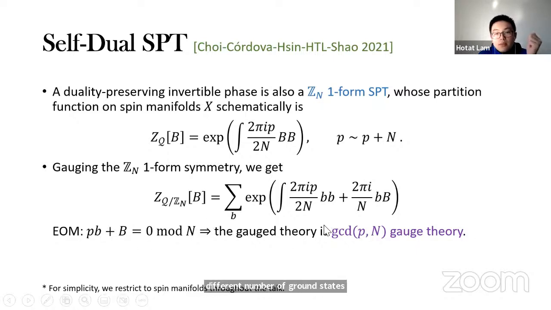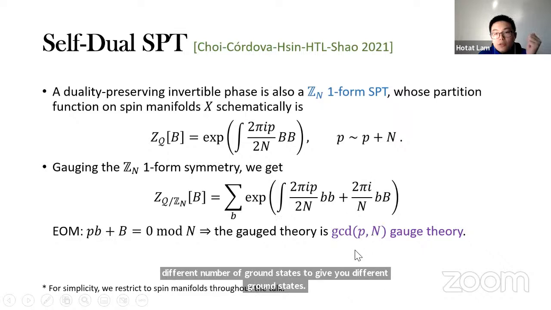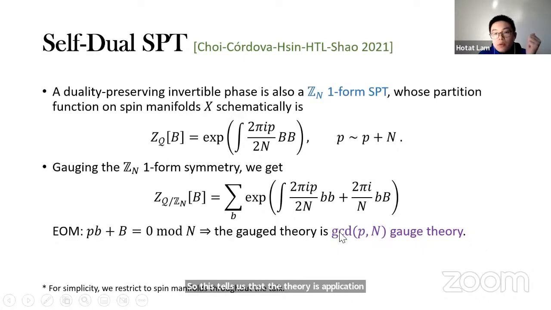So this tells us that the theory after gauging is essentially a GCD(P, n) gauge theory. In general, these theories have multiple ground states, and the number of ground states is related to GCD(P, n).